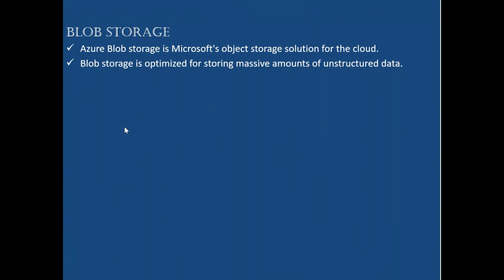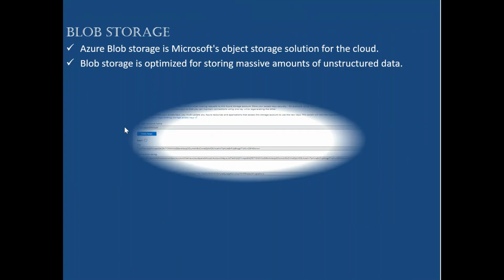I think up to 5 TB file only you are able to upload. But when it comes to the data lake, you can upload petabytes of files. Not only 5 terabytes, but you can upload petabytes of files in the data lake.